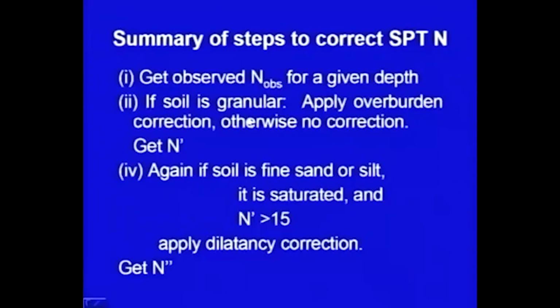If soil is granular, apply overburden correction, otherwise no correction. So, by applying overburden correction, get N dash. Again, check if the soil is fine sand or silt, and it is saturated and it is dense, dense meaning N dash is greater than 15, then apply dilatancy correction, and then finally get N double prime, that is the corrected N value.